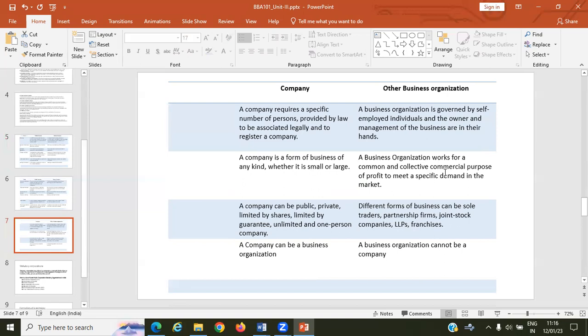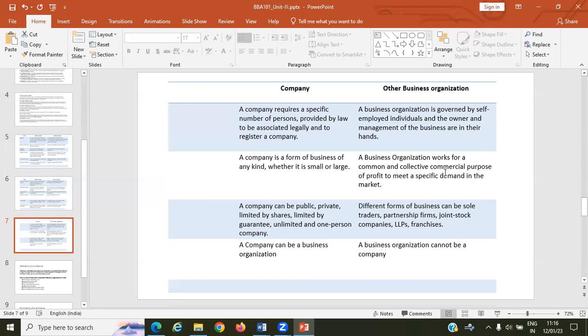But a company requires a specific number of persons as provided by law. Whatever the government prescribes, the minimum and maximum number of people, it has to follow the government rule. Then you can have a company. But in a business organization, you can join with two persons, more than one person, or you can do it alone without registering.